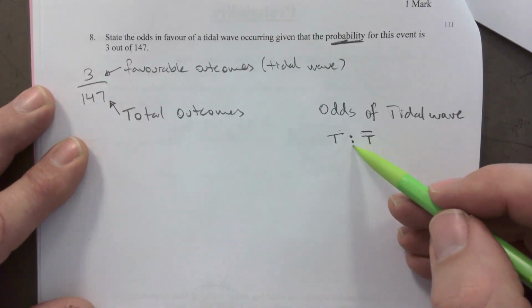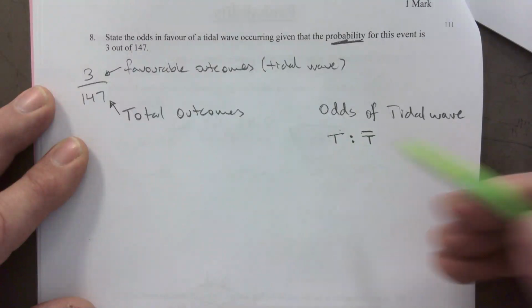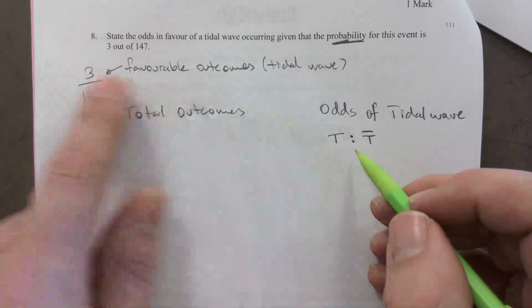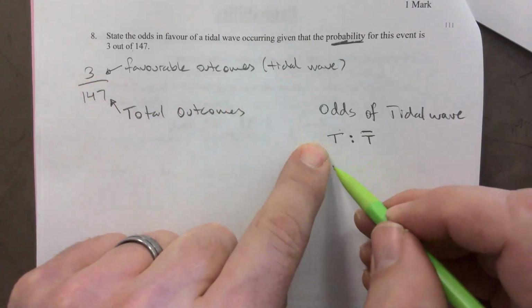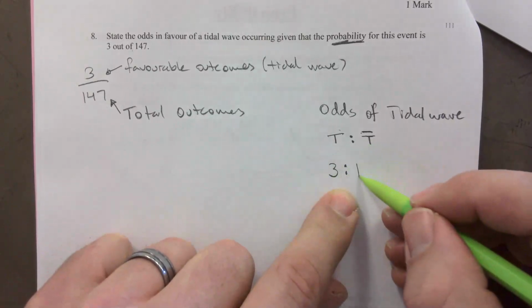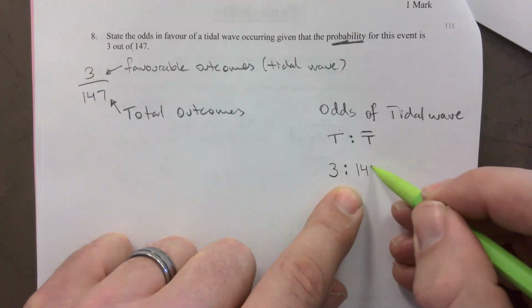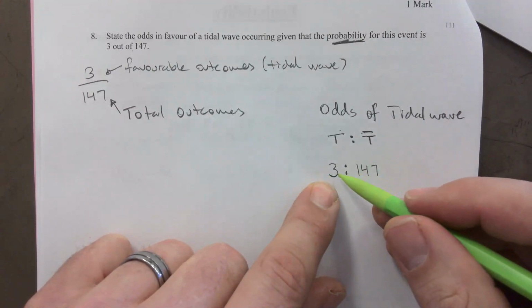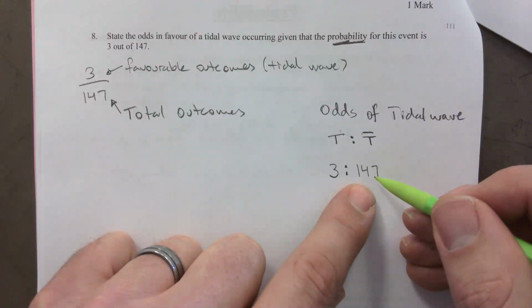And remember, odds always gets the dots. Hey, that even rhymes. So the 3 represents the tidal waves. So we put 3 there, and what goes on the other side? That would be wrong. That'd be a 0 right now. We take the 3 away from the 147.